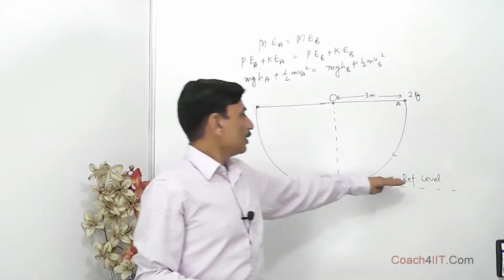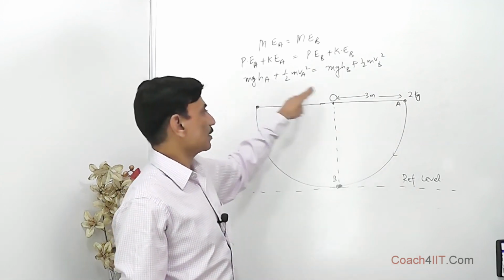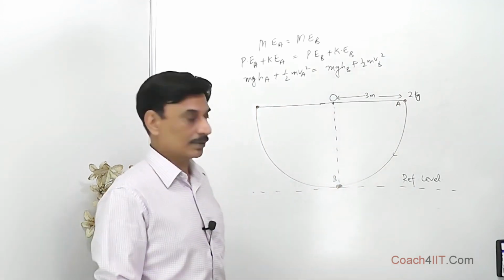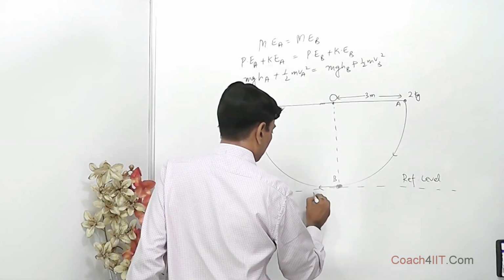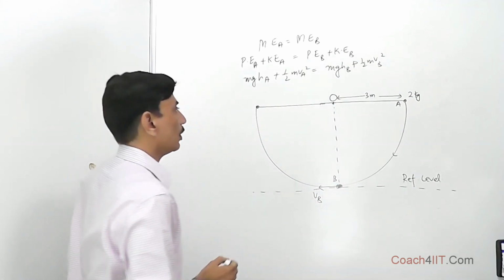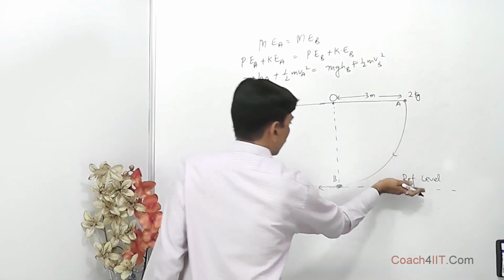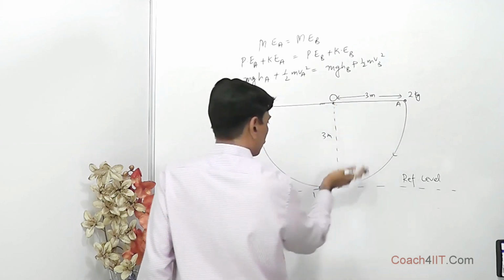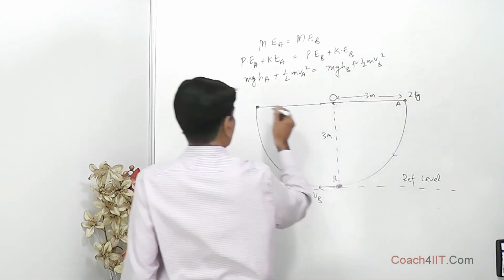That is mg H at this level plus kinetic energy, mg H of this plus kinetic energy over here. We have taken over here, suppose the speed or velocity is VB. So what is HA from here to here? That is equal to 3 meter only, because the length of the string is not changing. So this is 3 meter, and from here to here is also 3 meter.